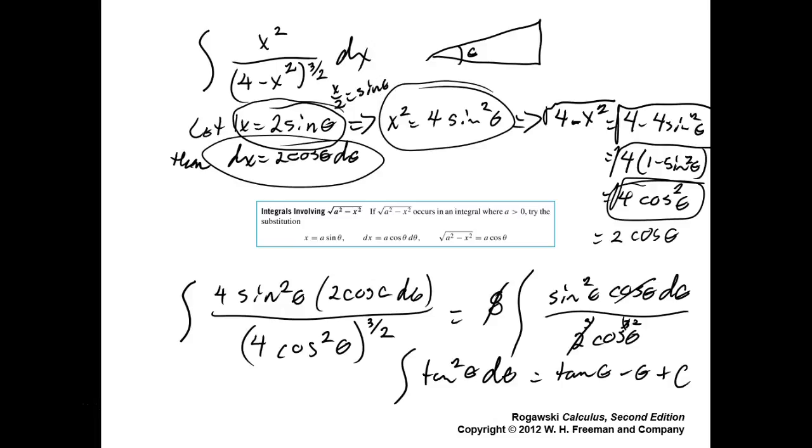So if that's my theta, x over 2 represents, x would be the vertical, the opposite side, and 2 would be the hypotenuse. Guess what that makes your horizontal side? The square root of 2 squared, or 4, minus x squared, right? Okay. Now, if we know that, what is tangent theta?